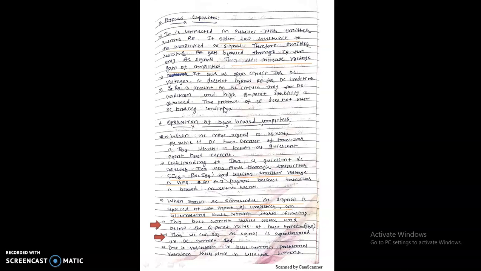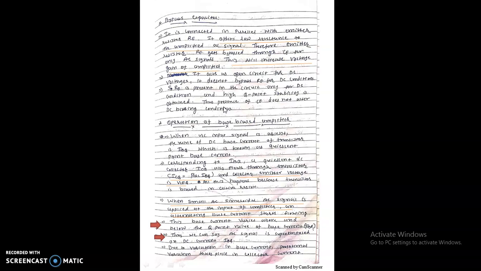Now, what is the operation of the base bias amplifier? This is another topic. When the AC input signal is absent, the value of the DC base current of the transistor is IBQ, which is known as the quiescent point base current. Q stands for quiescent point; that we have already discussed in chapter number 2.